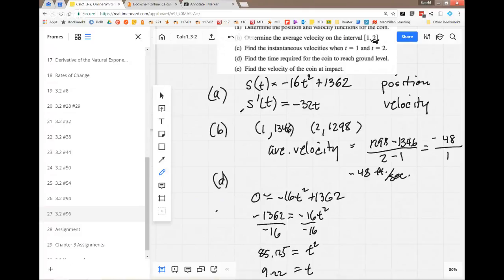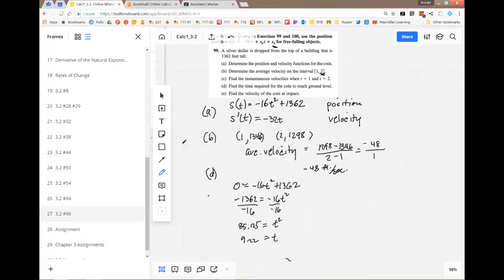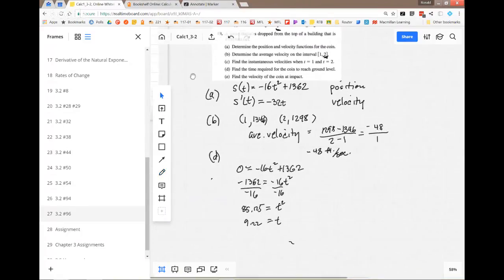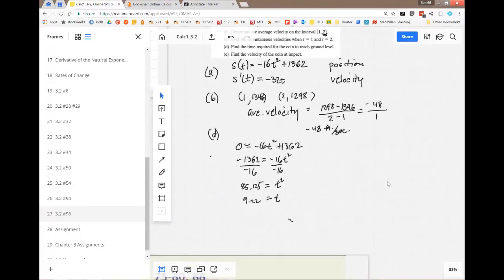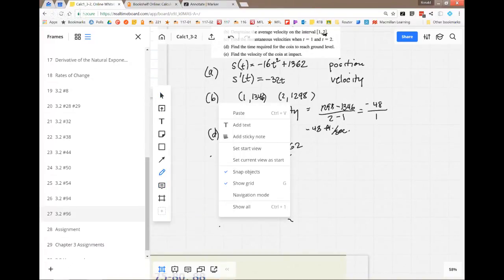What's the instantaneous velocity when t equals 1 and t equals 2? Okay, I'm going to have to, running out of space here. Okay, so for part C, what do I need to find instantaneous velocity? I need to find the derivative.